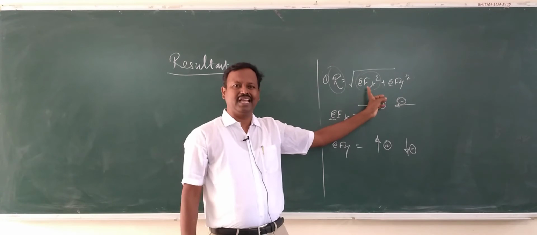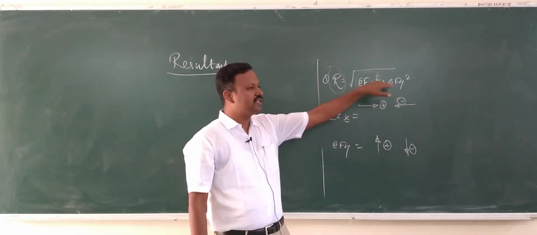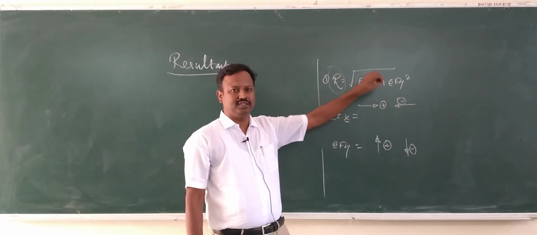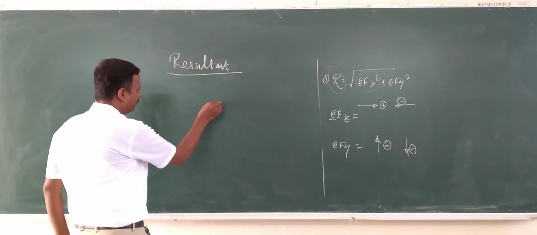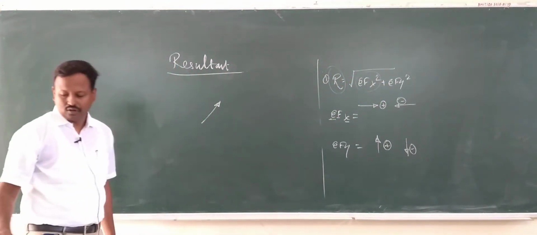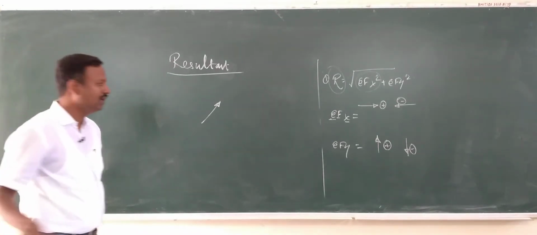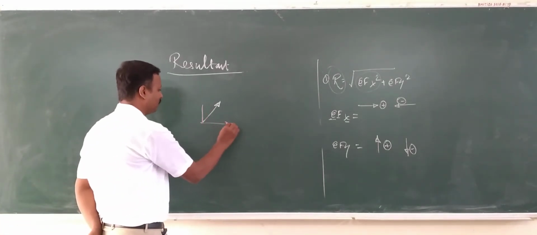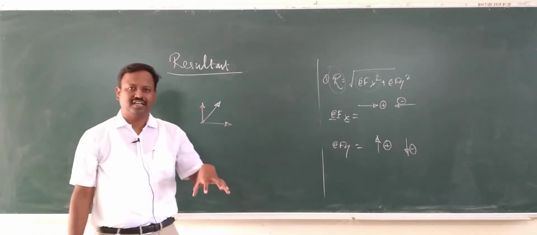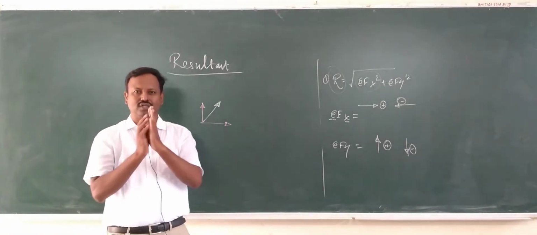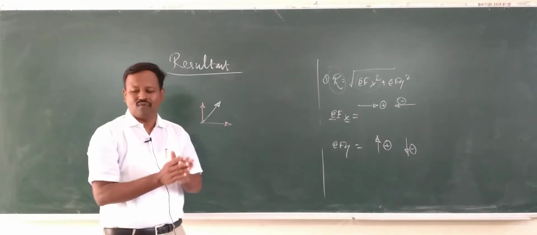If there is any inclined force, there is no provision to put the inclined force in this formula. So ultimately, if there is an inclined force, we have to resolve it into horizontal and vertical components. So comes the resolution of forces. If any inclined force is there, we have to resolve it into horizontal and vertical components.